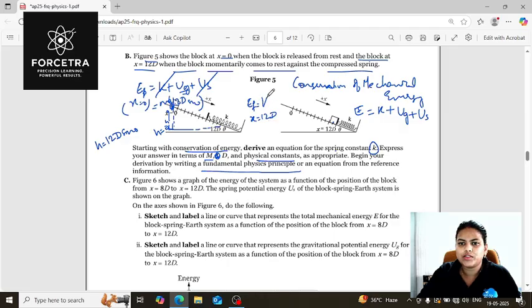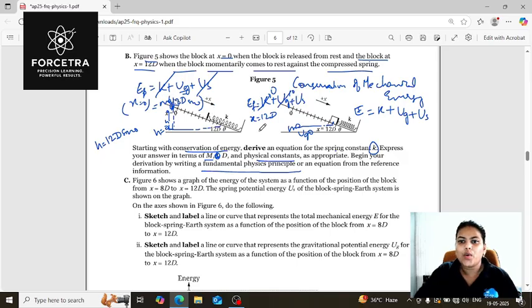This is the final mechanical energy at x equals 12D. This would also be K plus UG plus US. Because it is momentarily at rest, the kinetic energy would be 0, and the height at this point is 0, so the potential energy UG would be 0.